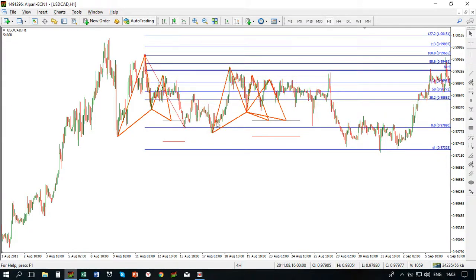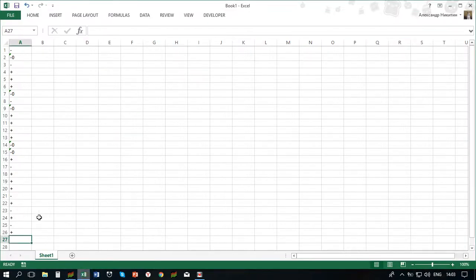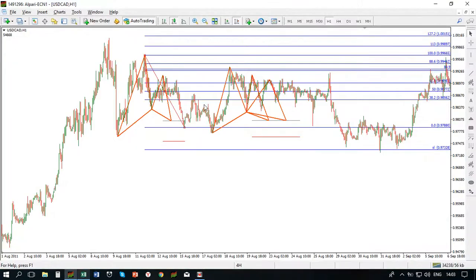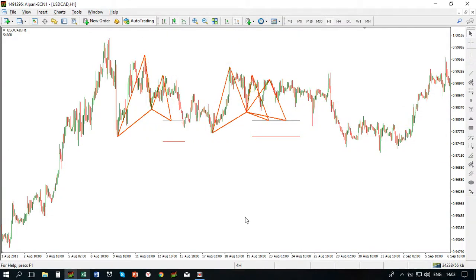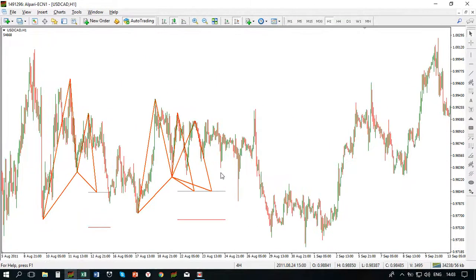No, it doesn't. 382, then come back to entry. It is +0. Why is it +0? Because it further went to 618, but we were away from this trade.